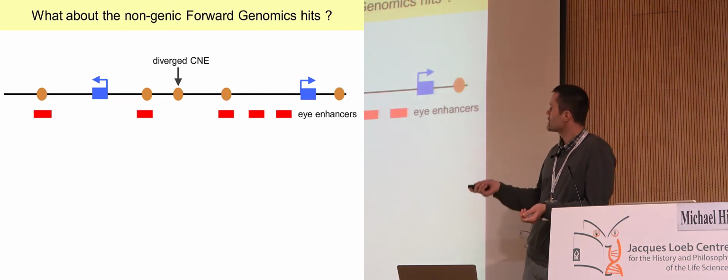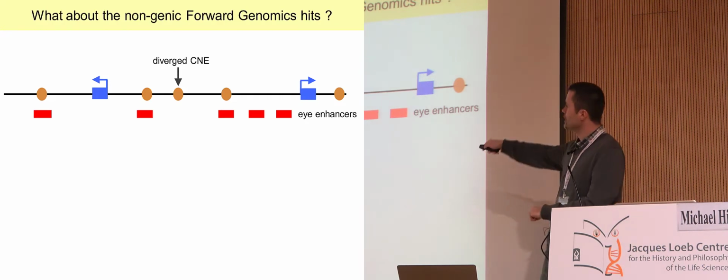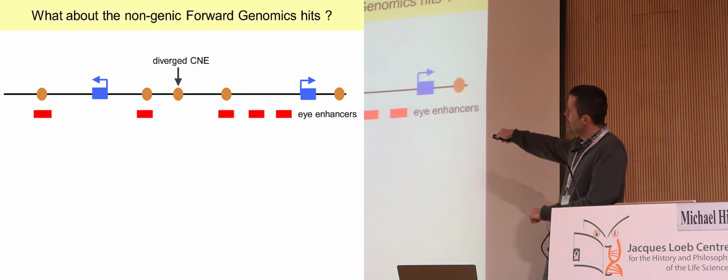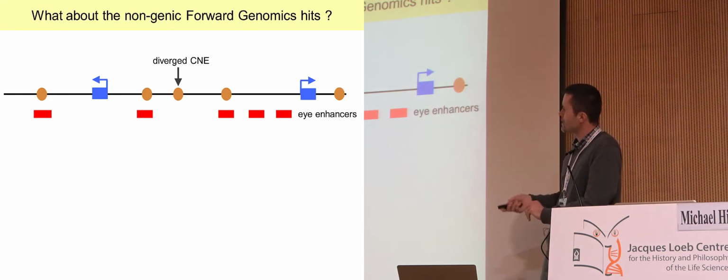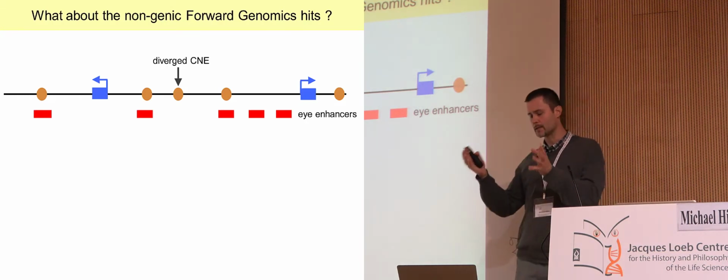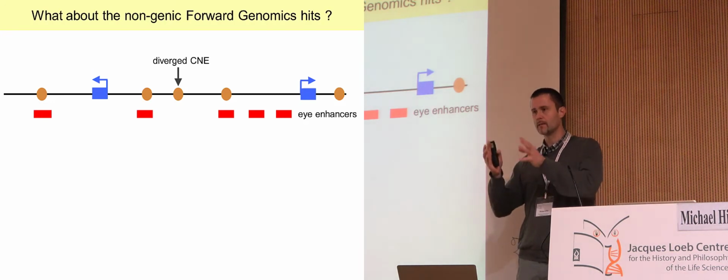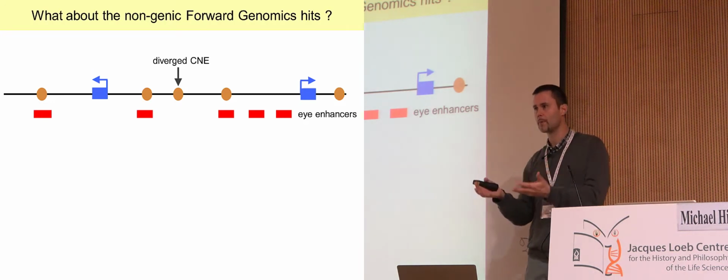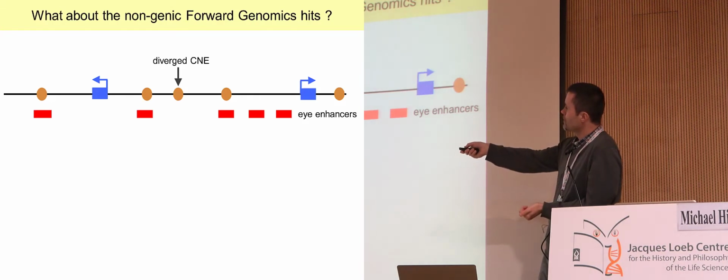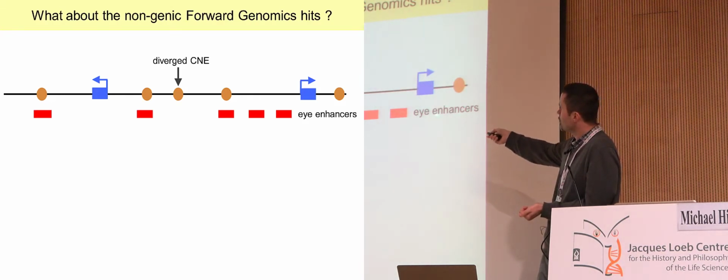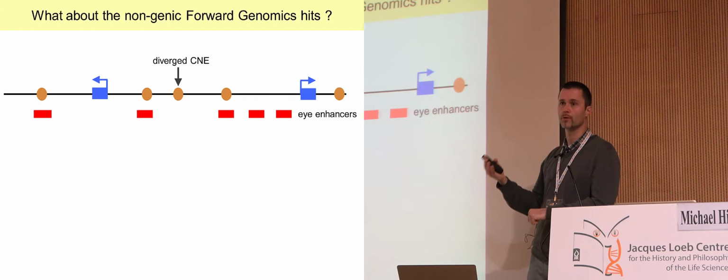Stronger evidence would be to use functional genomics to ask if these diverged CNEs overlap eye regulatory elements. The idea here is that we can use approaches like ChIP-seq or ATAC-seq or something else to get a species that has normal eye development, get developing eye tissue, perform this experiment, and therefore get genome-wide a set of regulatory elements that are active during normal eye development.